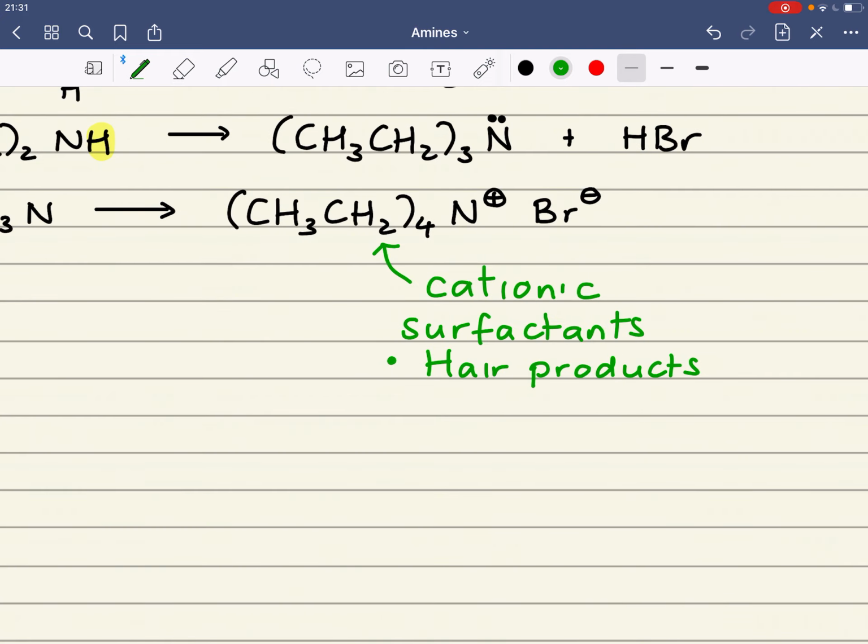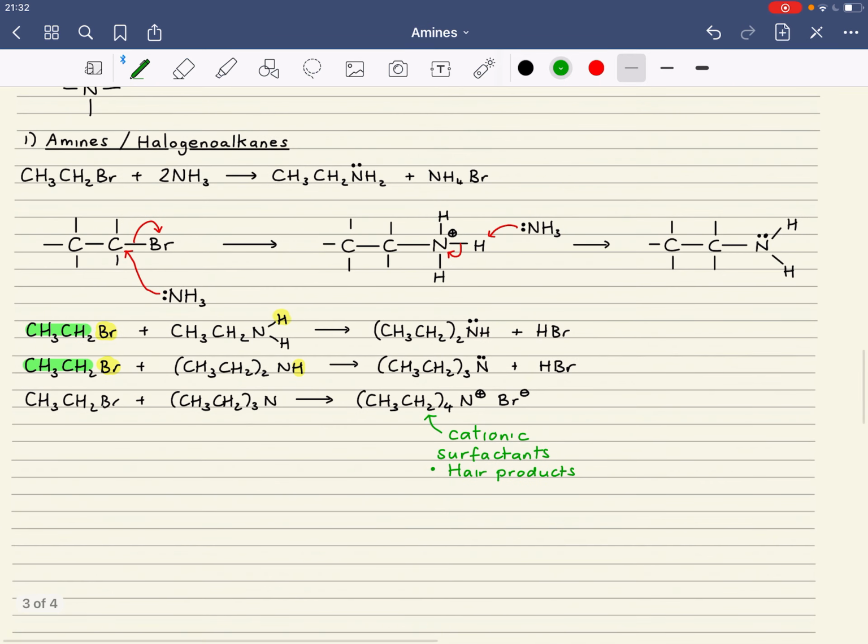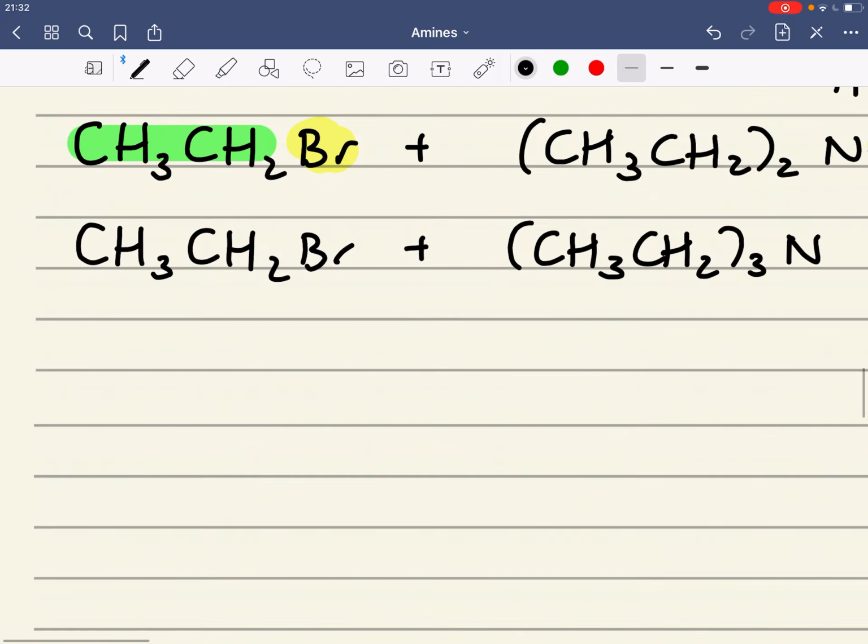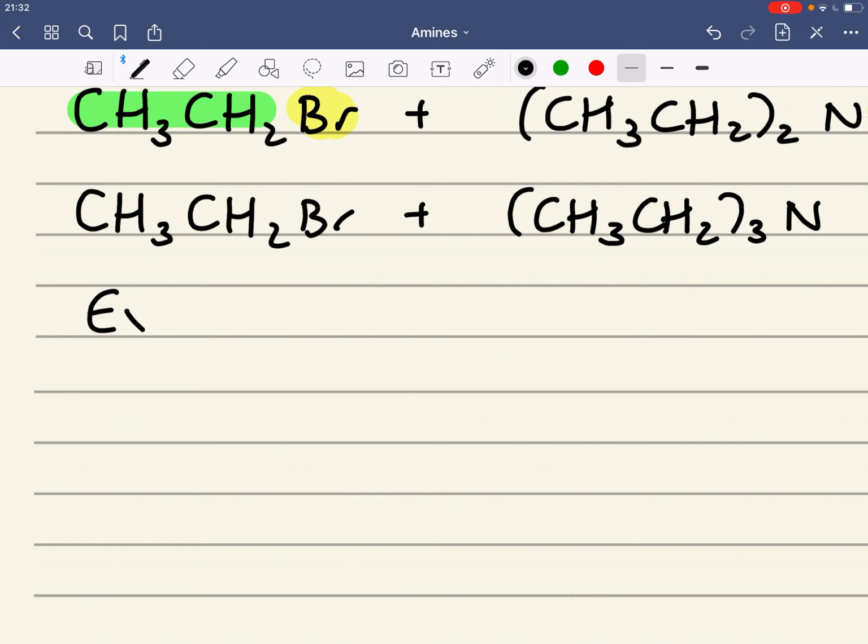So again, the key thing to note there is that if you want to produce this quaternary ammonium salt, the key condition is you will need an excess of the halogenoalkane.